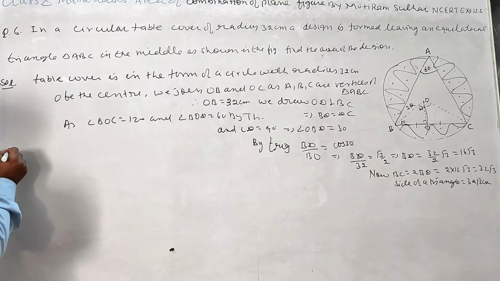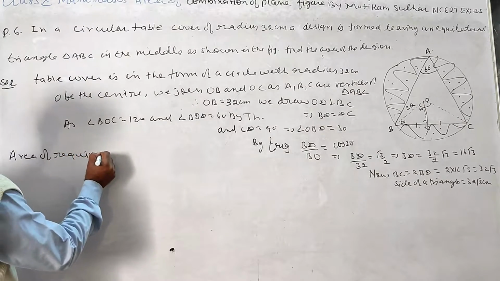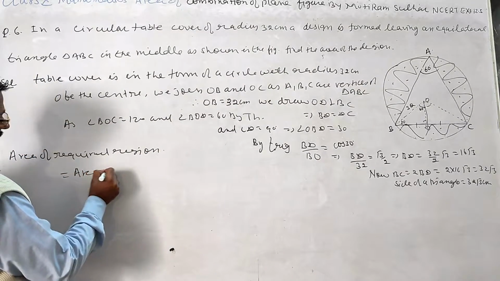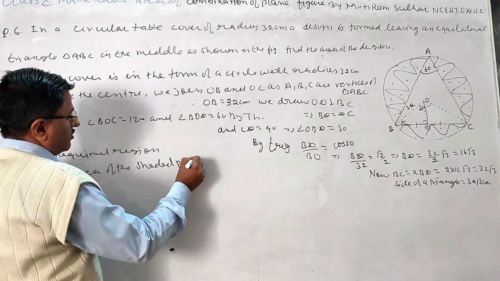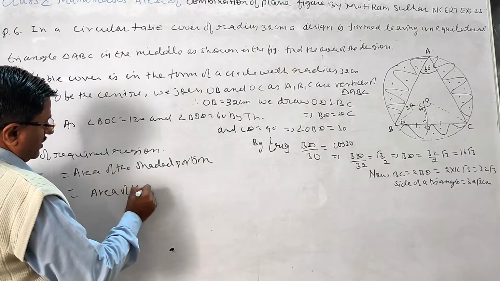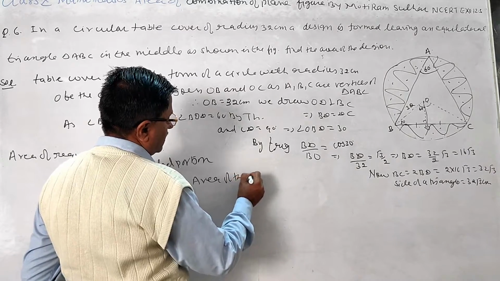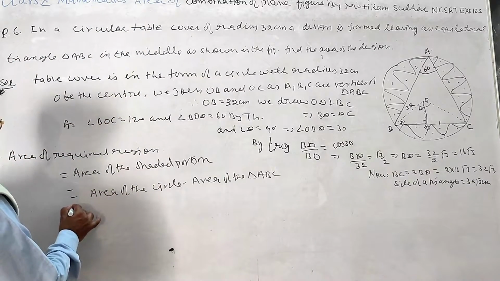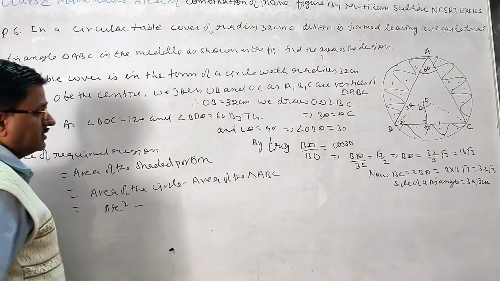Correct? Now the area of the required region, or you can say shaded portion, is equal to area of the circle minus area of the triangle ABC. So for the area of the circle we use the formula pi r square, minus the area of the triangle.